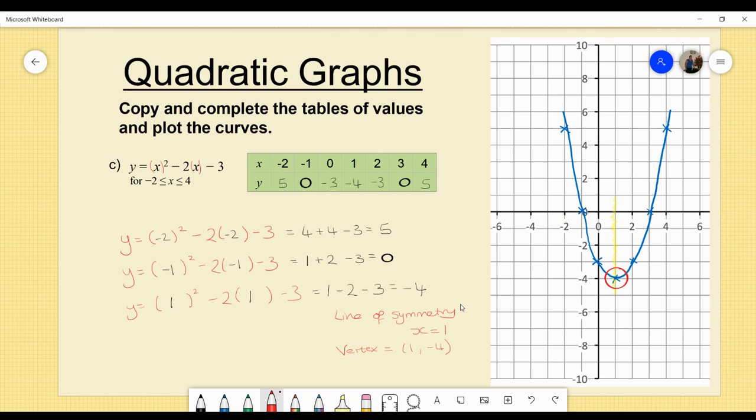Okay, we can also use the graphs to work out missing values. So if I ask you to work out what is the x value when y equals, let's go with 3, you'll notice that when y is 3, so this is on my y-axis, I go to 3, I've got a solution here and a solution here, and you have to just do the best you can in terms of reading off your x values.